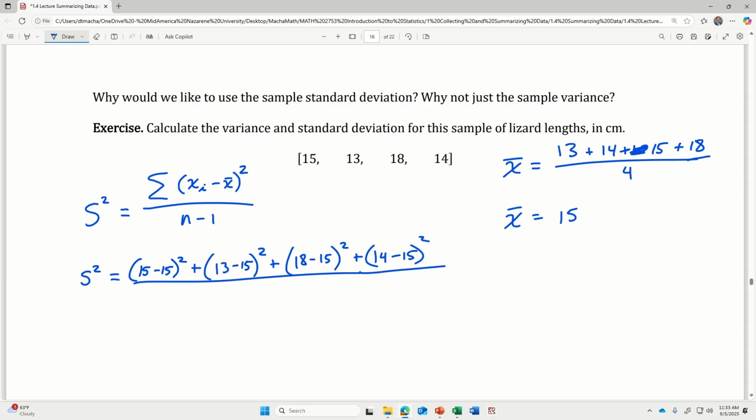It's every deviation, which is the measurement minus the sample mean, squared, and then add it all together. And then I divide by 4 minus 1, because my denominator is n minus 1.